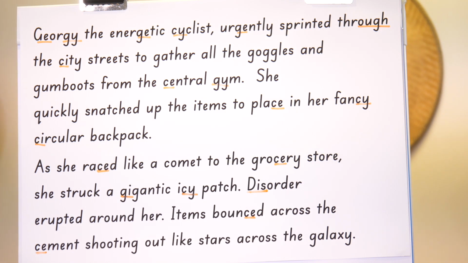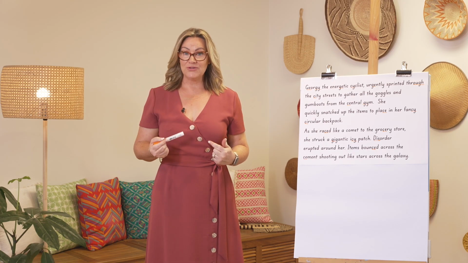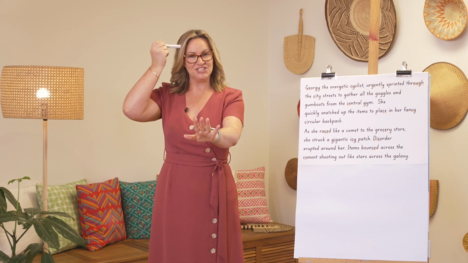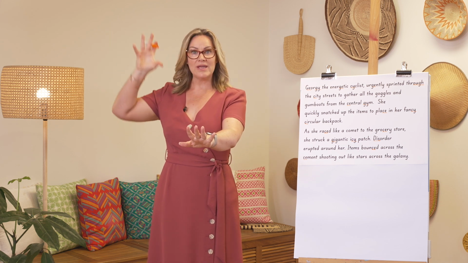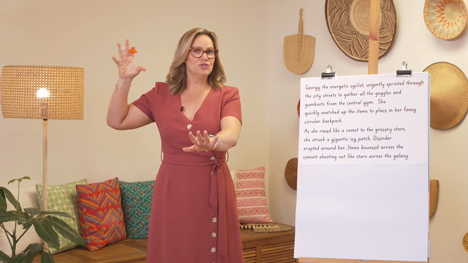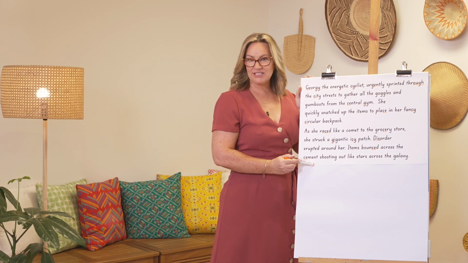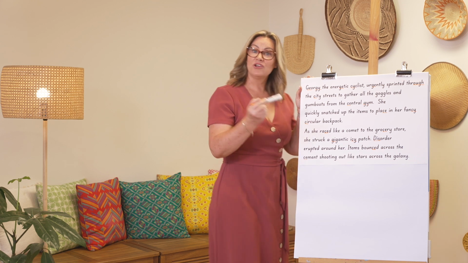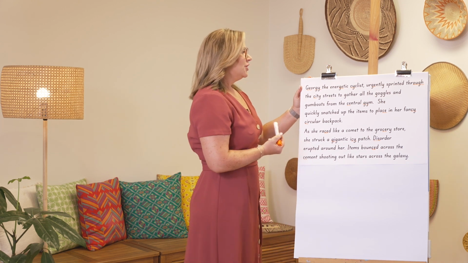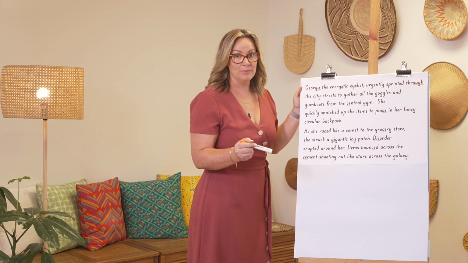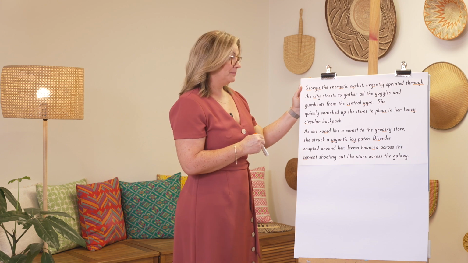Okay, second read through. I am going to read through the text fluently. This time, I want you to imagine the picture growing in your mind. I want you to create a video in your mind of what's happening in our text. Just listen and create that mental model. Georgie, the energetic cyclist, urgently sprinted through the city streets to gather all the goggles and gumboots from the central gym.